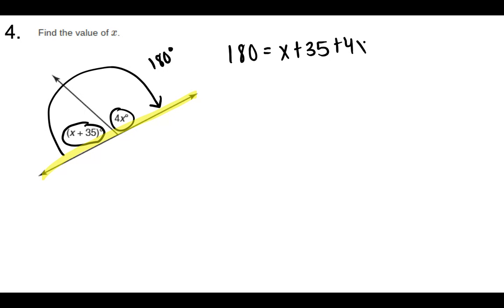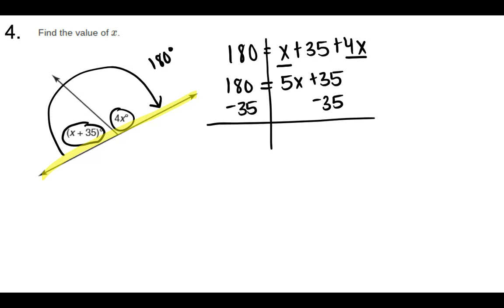Now we need to combine like terms first. So my x and my 4x are like terms. If I combine those, it's 1x plus 4x's. So that's going to give me 5x plus, I still have my 35, equals 180. So now it's just a two-step algebra equation. First I'm going to subtract 35 from both sides.